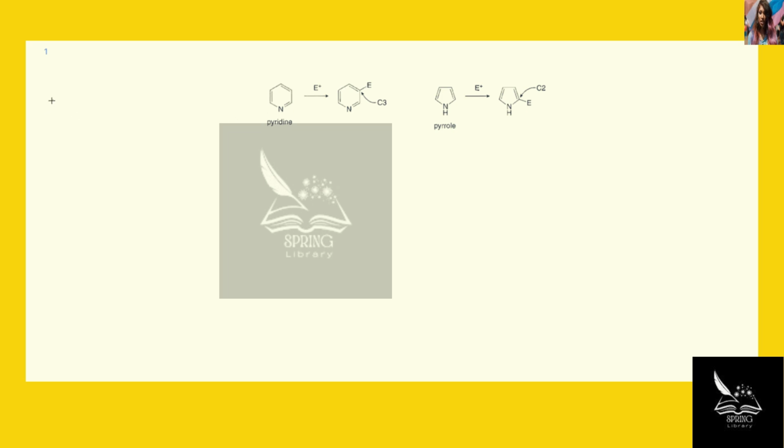Pyridine is similar to benzene, except it has this electron withdrawing nitrogen within the ring. Because of this electron withdrawing nitrogen atom, the inductive pull towards the nitrogen makes the pi bonds in this ring more electron poor.